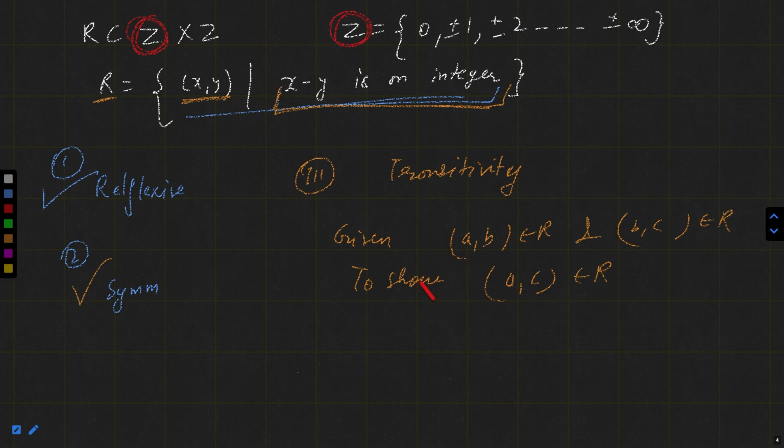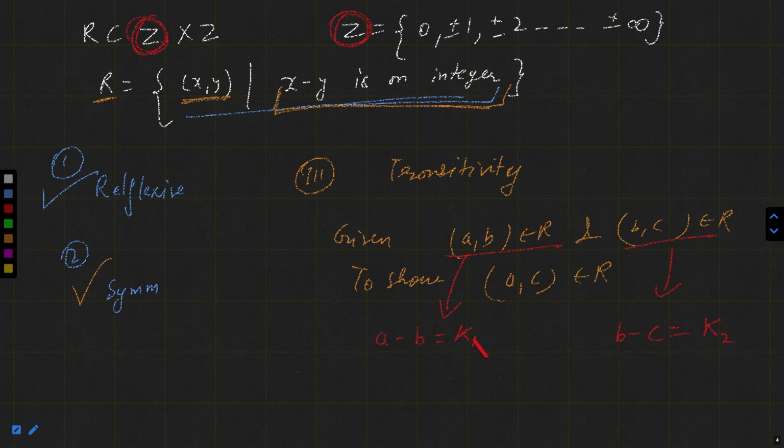If (a, b) belongs to R, then from the given information, a minus b is some integer, say k1. And from (b, c) belonging to R, b minus c is also some integer, k2.